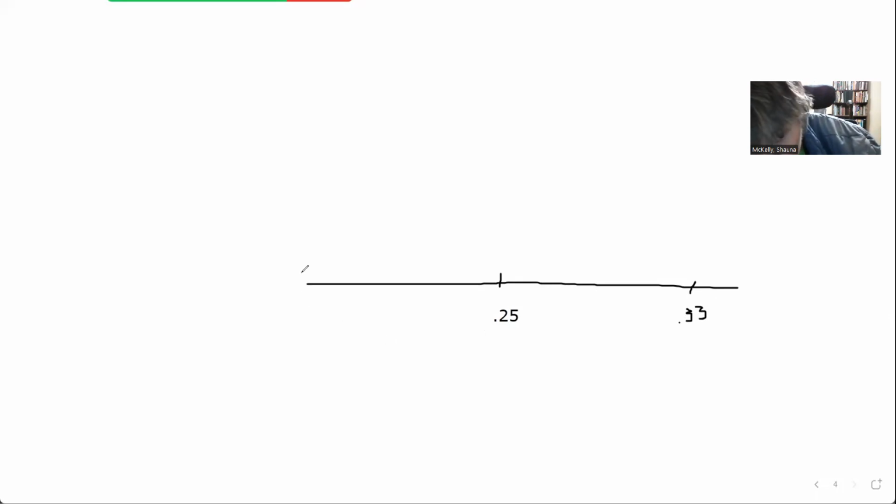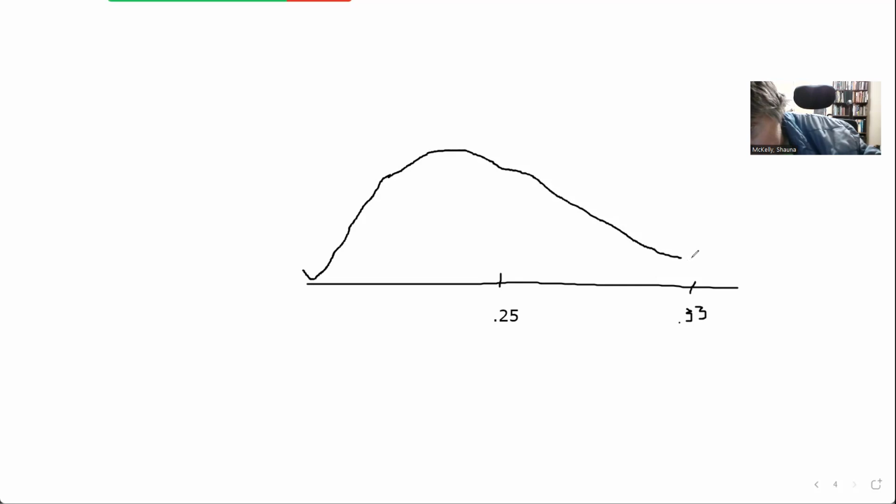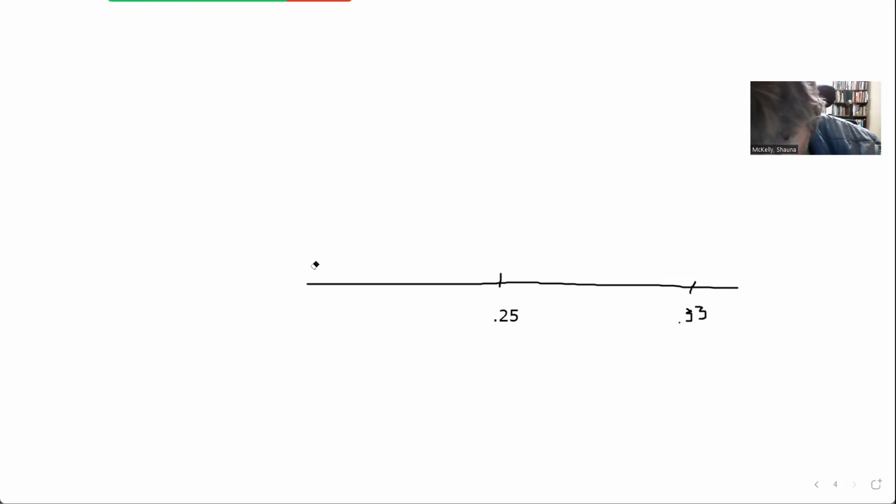Now, here's my distribution. Something like this. This is not the best. Let me draw it better. I can do a better job than that because I need to make this look normal.